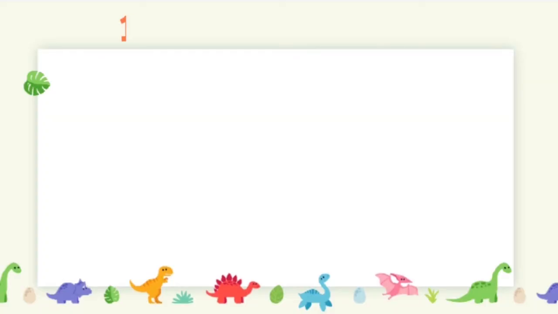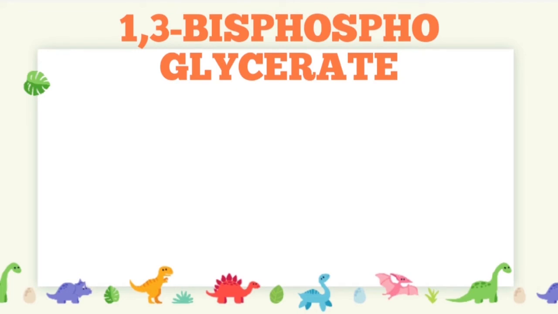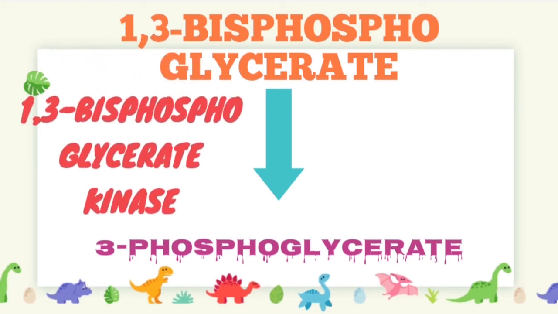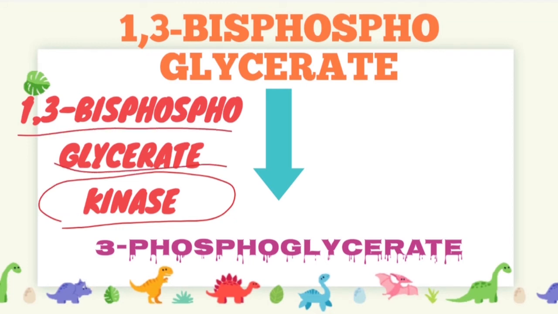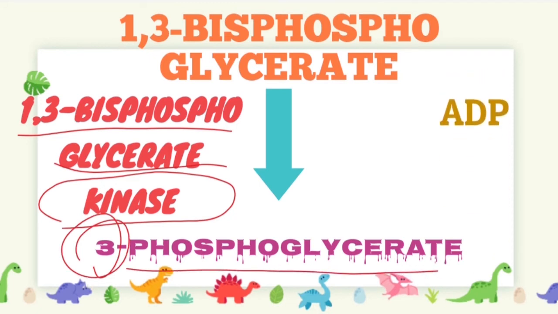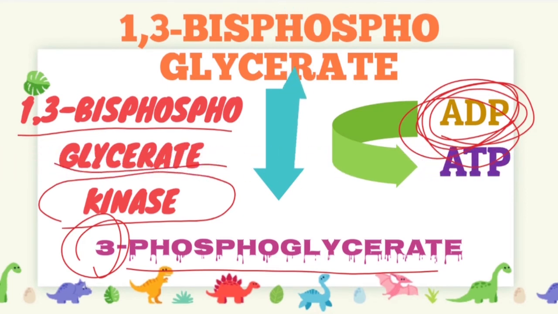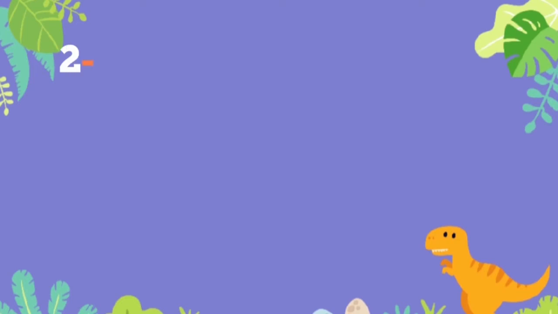So let's see, 1,3-bisphosphoglycerate is converted into 3-phosphoglycerate with the help of the enzyme phosphoglycerate kinase. But here, from the first position, the phosphate group is not there. It is left only in the third position. So here ADP, until now ATP was utilized. Now ADP is converted into ATP, or energy is produced. Okay, one phosphate group is left.